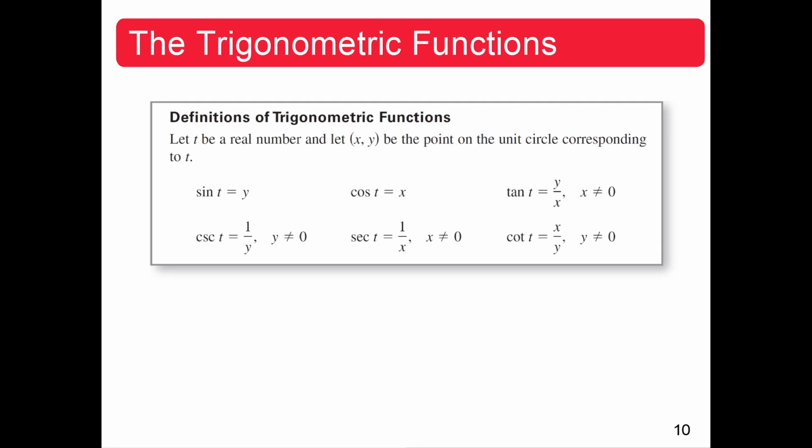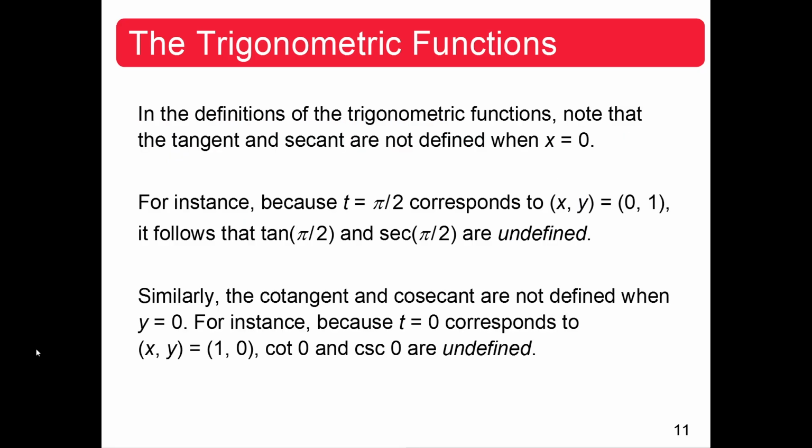One thing to note here is something that I included as part of my explanation. We talked about that there are certain cases where the functions may be undefined. Cosine and sine don't really have that issue. We never had to put a caveat that says x can't be 0 or y can't be 0. But the other four remaining trig functions did have that requirement. So tangent and secant are undefined whenever x equals 0.